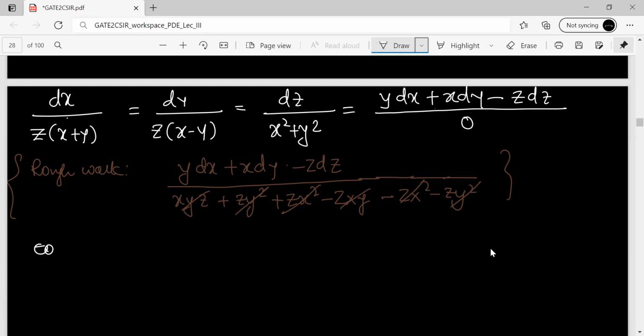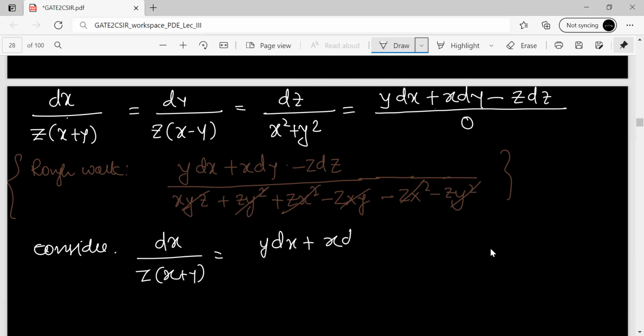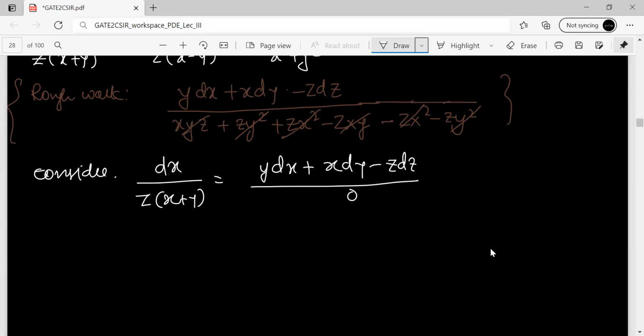So consider dx over z times x plus y equal to y dx plus x dy minus z dz over 0. So this denominator is 0, this forces the numerator to be 0. This will be equal to 0, and now simply integrate.